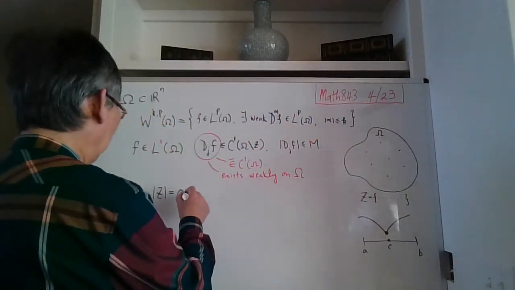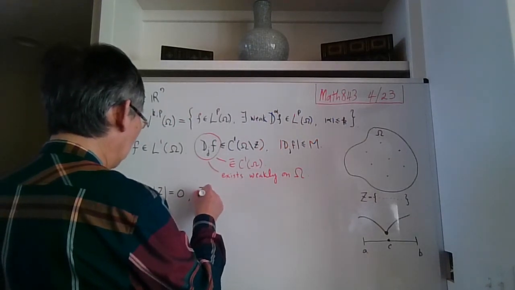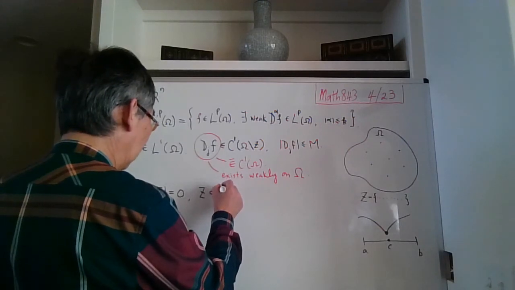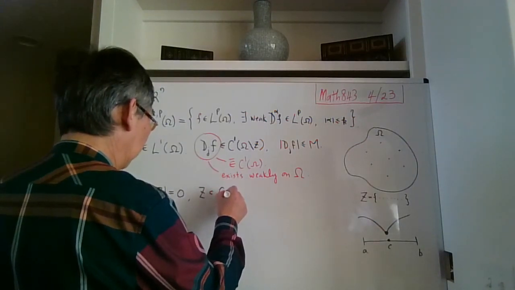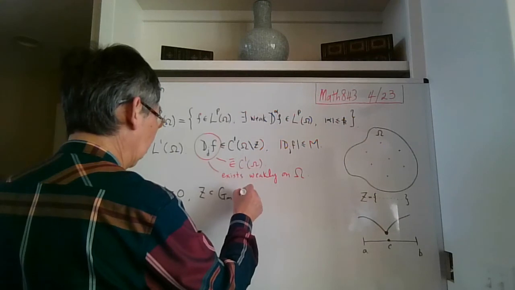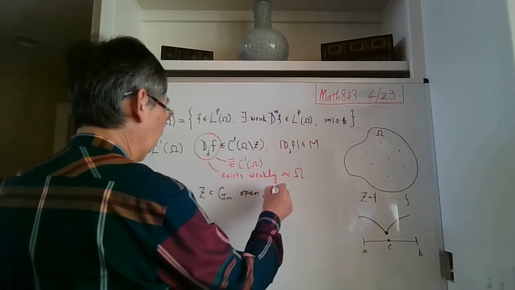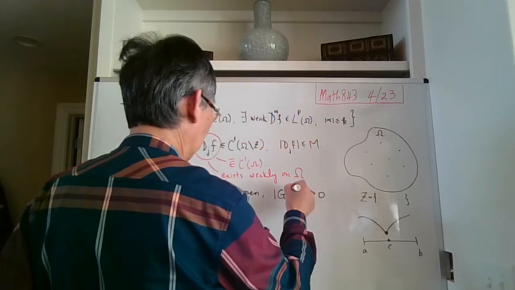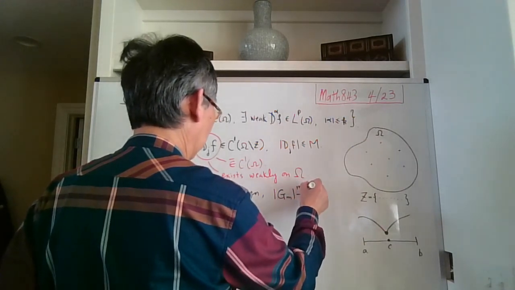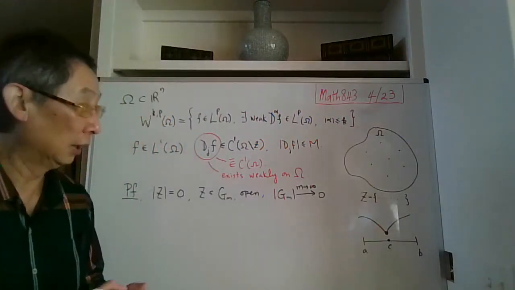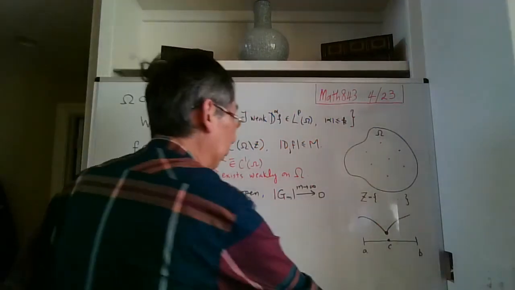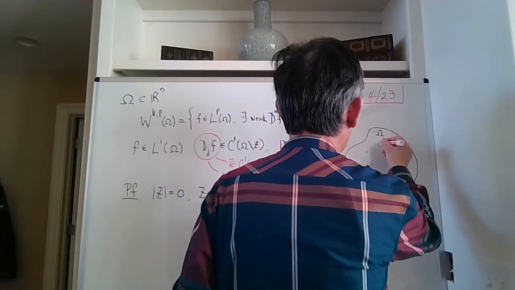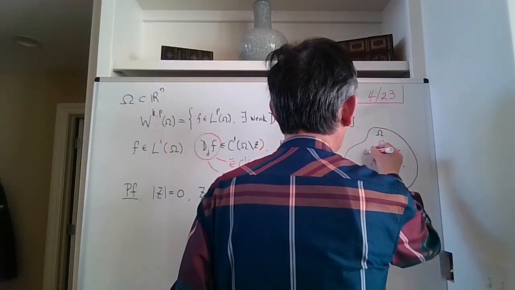And therefore Z can be contained in some open set G_m, so that the measure of G_m goes to 0 as m goes to infinity. Obviously this is true, because at each point I can create this G_m by using circles.